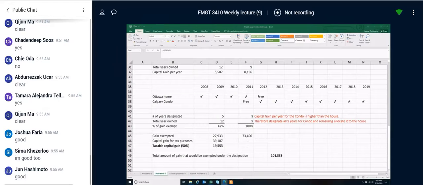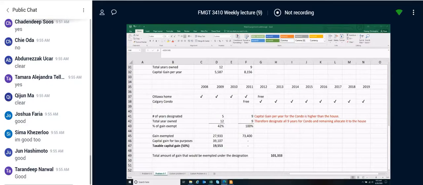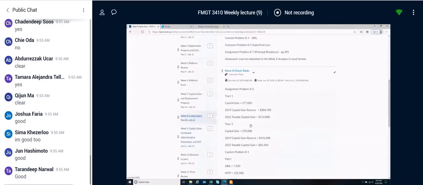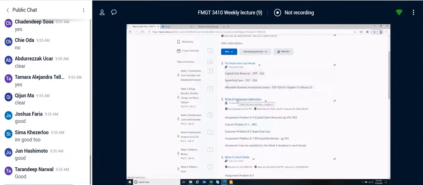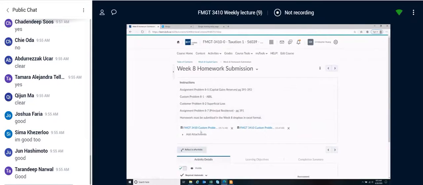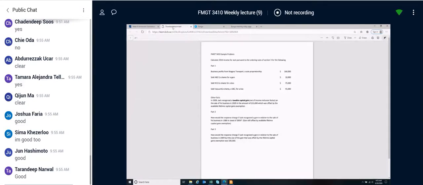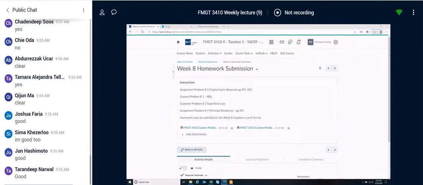All right, so these were the easy questions. Now the custom problems. I'm just going to put this on the side here. So first custom problem, you've got Jack. He's got a number of investments, right?